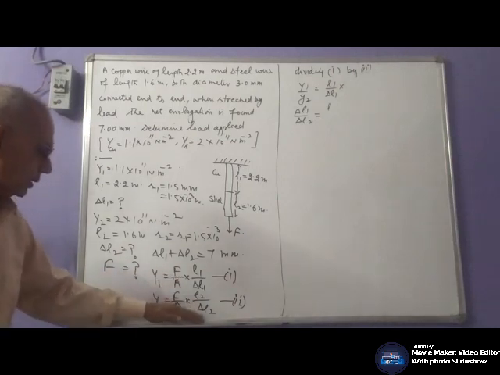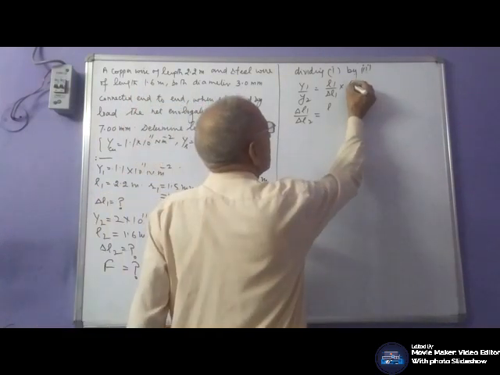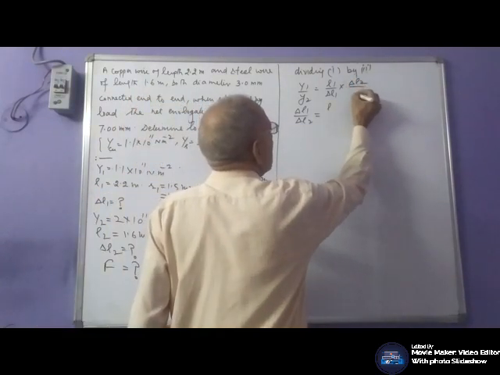This by this, so it will be delta L2 by L2.